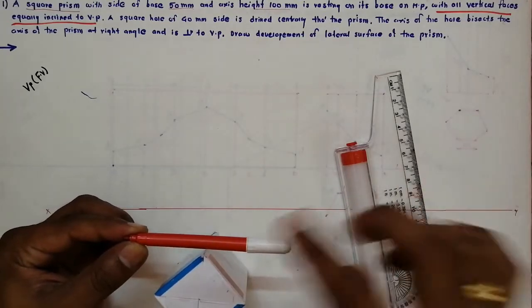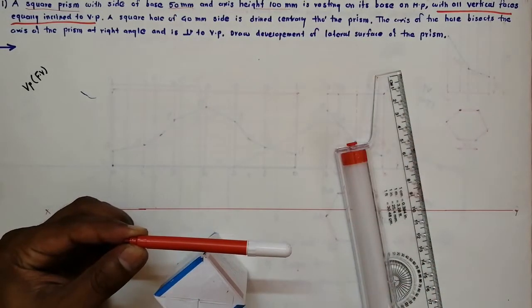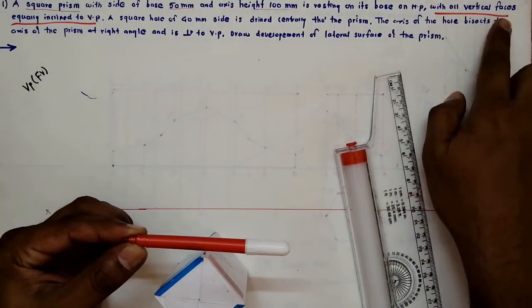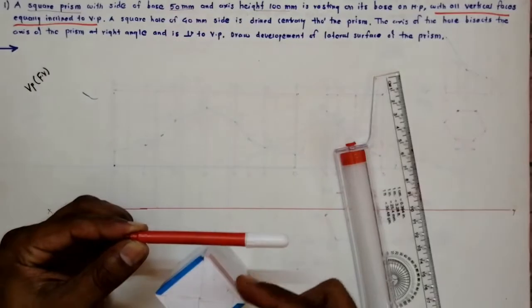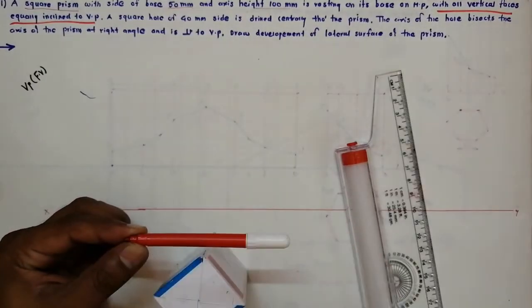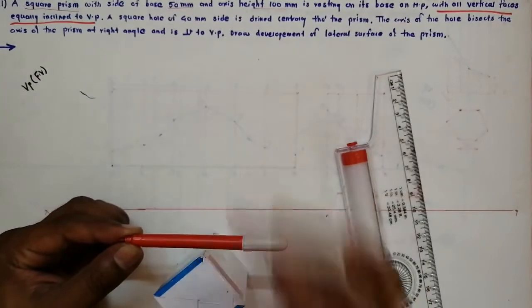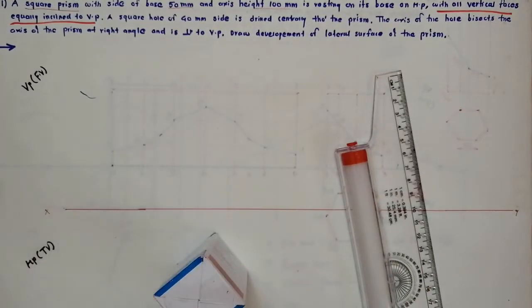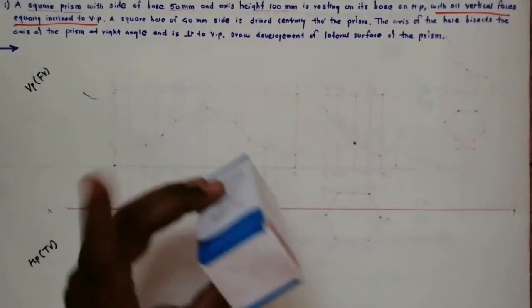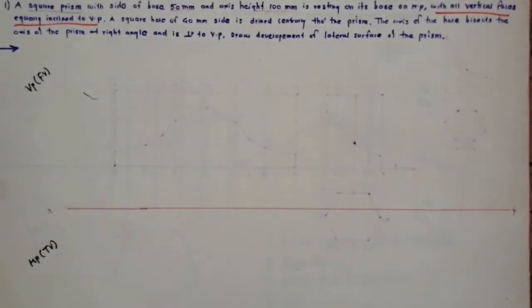So the correct position for this problem is like this, with all vertical faces equally inclined to VP. So this is vertical face, this is vertical face, and it is equally inclined to VP. So this angle is 45 degree and this angle is also 45 degree. Okay, so we will start with the true shape of the square prism.